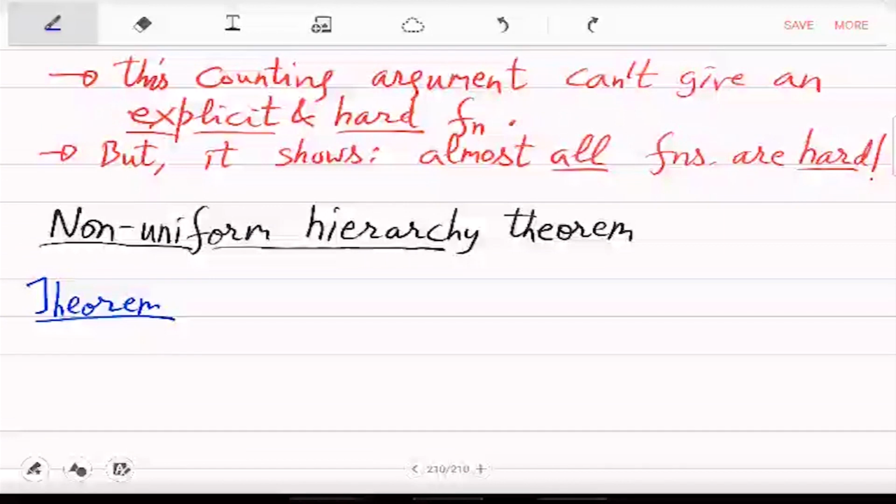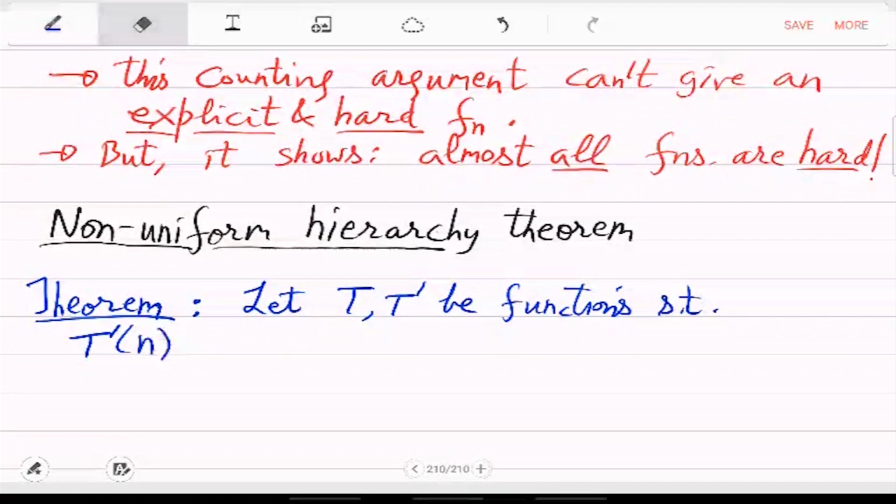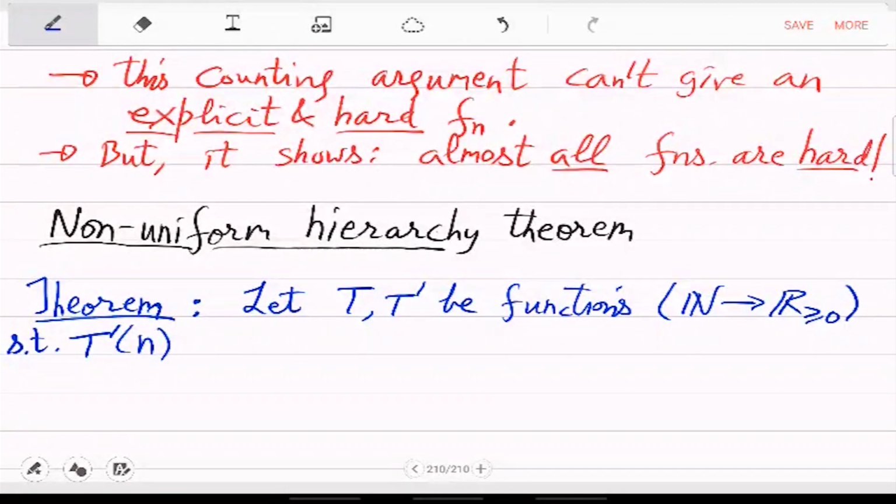So let t and t prime be functions, obviously non-negative valued on natural numbers, such that t prime n is bigger than t.